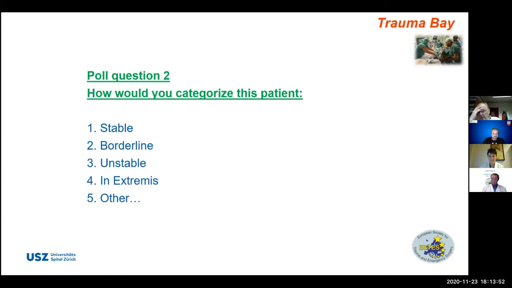I think Tina has a very important point, but it depends on the infrastructure of your hospital. If you have a CT scan, a sliding gantry in the shock room, it's different from a situation where you have to transport the patient 10 minutes to a CT scan.